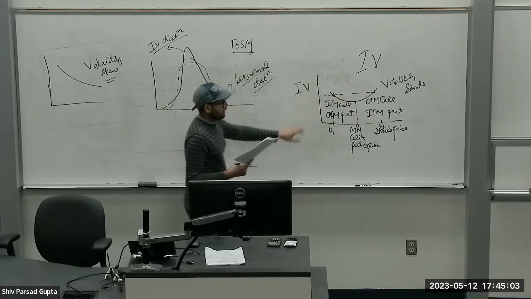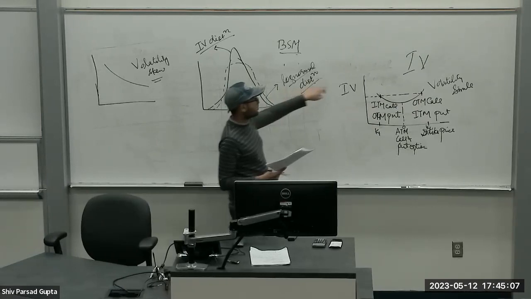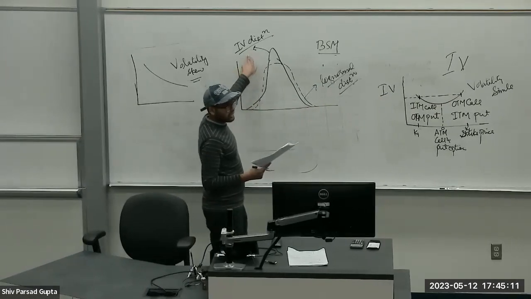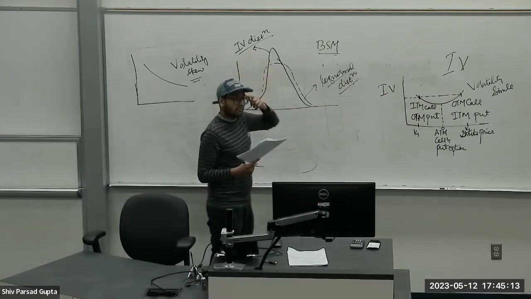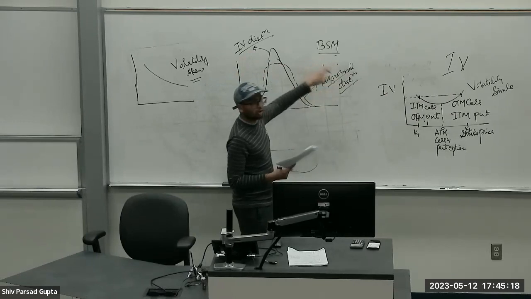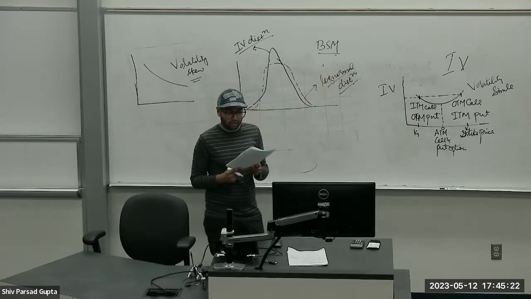That's why in the Black-Scholes model we have the log normal distribution, but for the volatility smile we use the IV distribution concept. That's why traders use volatility smiles, to not use this log normal distribution. So option A is there, to allow for non-log normality of the probability distribution of the future asset price.